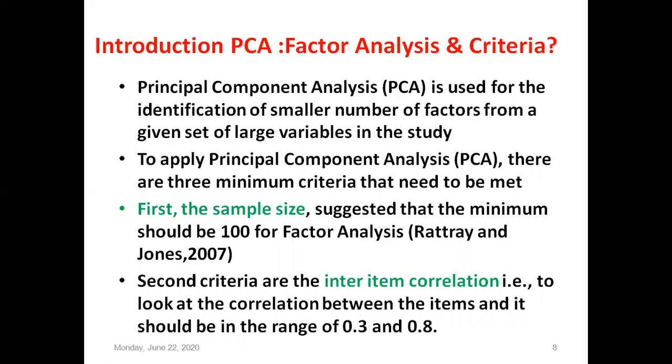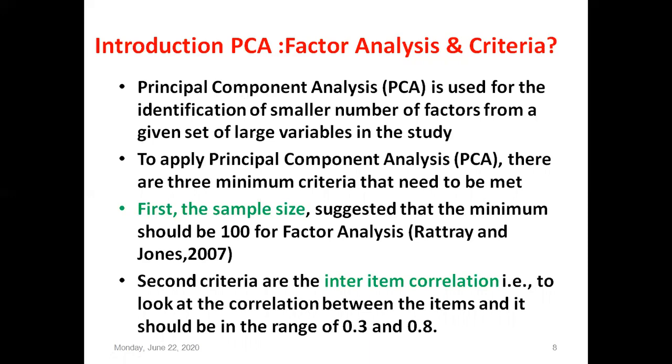To apply the principal component analysis, there are three minimum criteria to follow. The first one is the sample size. The suggested minimum sample size for factor analysis is by Jones 2007.